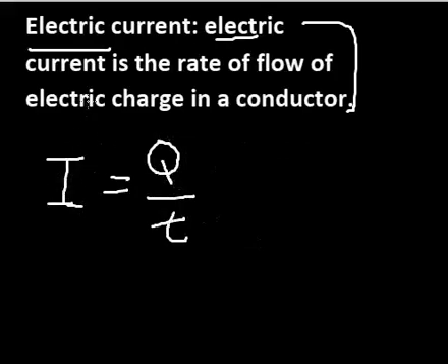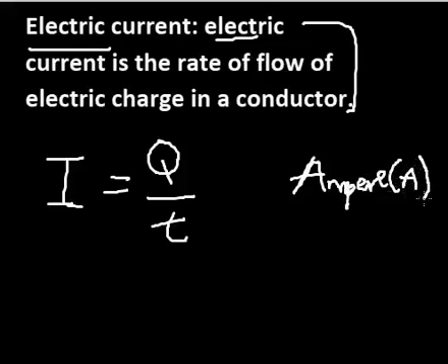By formula, I = Q/t. We use the symbol I to represent electric current, Q is the quantity of charge and t is time. The SI unit of electric current is the ampere, which by symbol is A. Please take note of that.